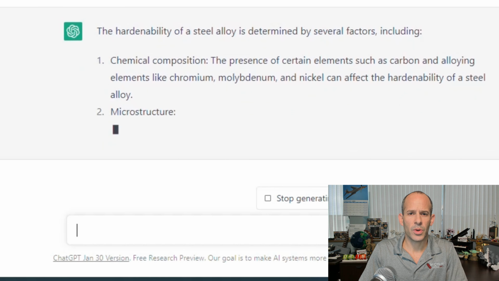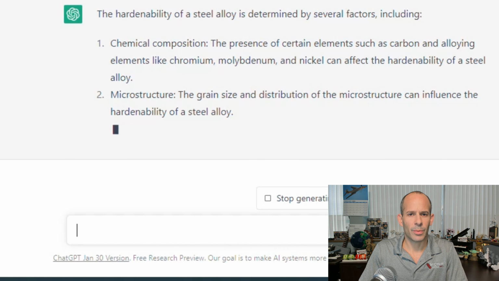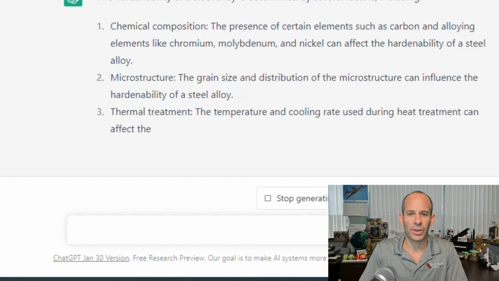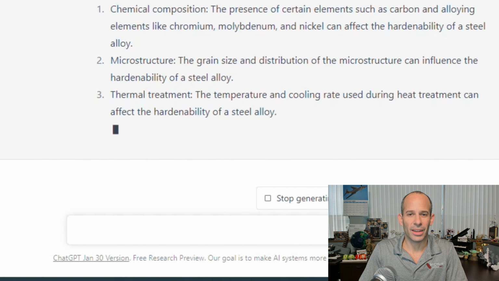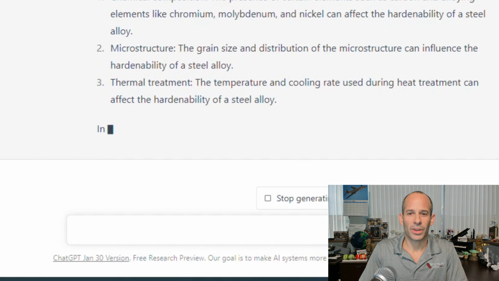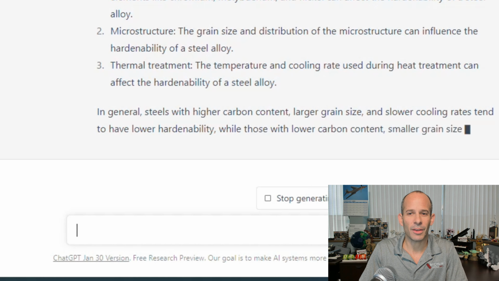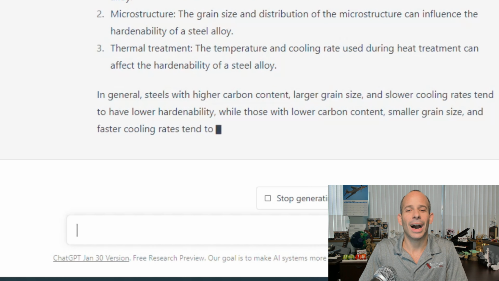The grain size and distribution of the microstructure can influence the hardenability of a steel alloy. Thermal treatment. The temperature and cooling rate used during heat treatment can affect the hardenability of a steel alloy. In general, steels with higher carbon content, larger grain size, and slower cooling rates tend to have lower hardenability, while those with lower carbon content, smaller grain size, and faster cooling rates tend to have higher hardenability.